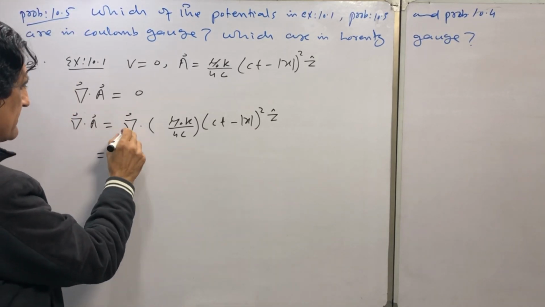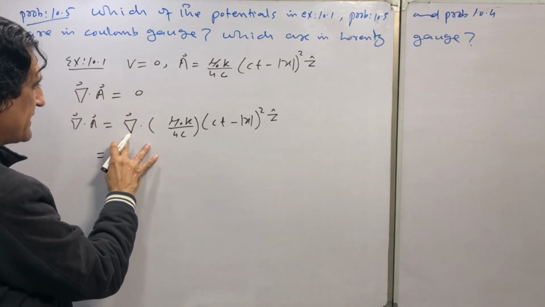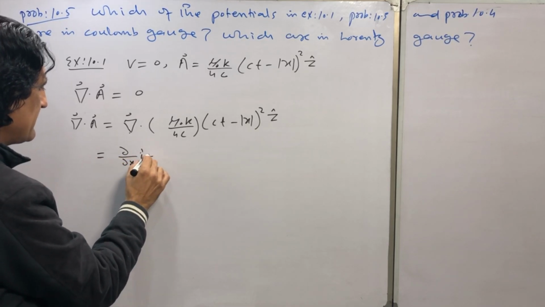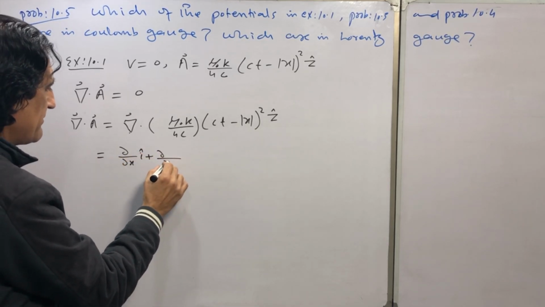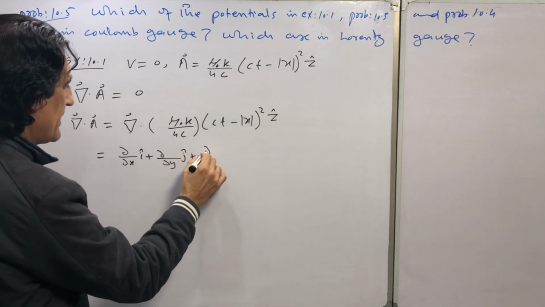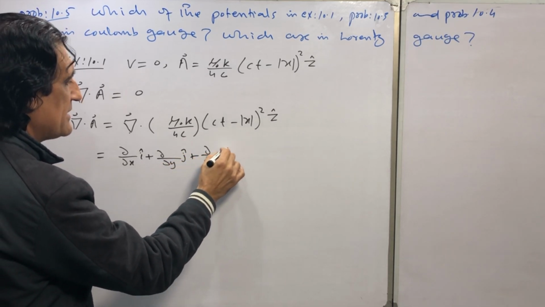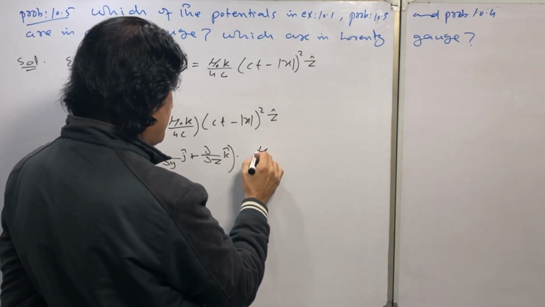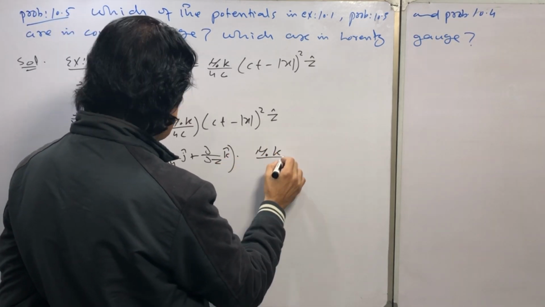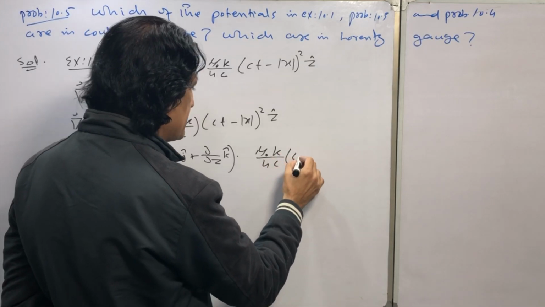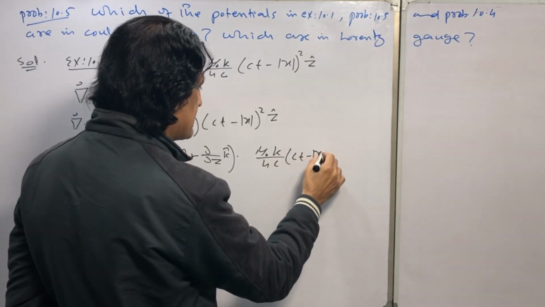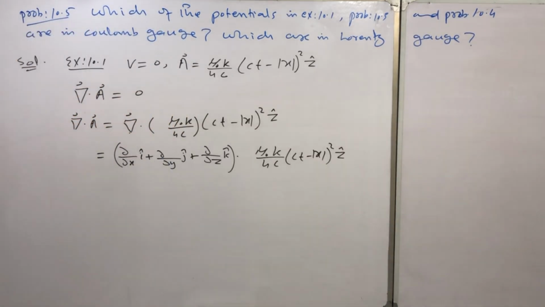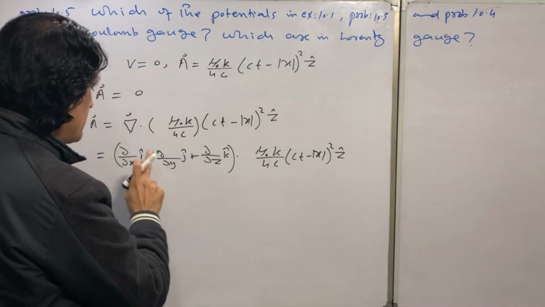This means partial by partial x i, partial by partial y j, partial by partial z k.